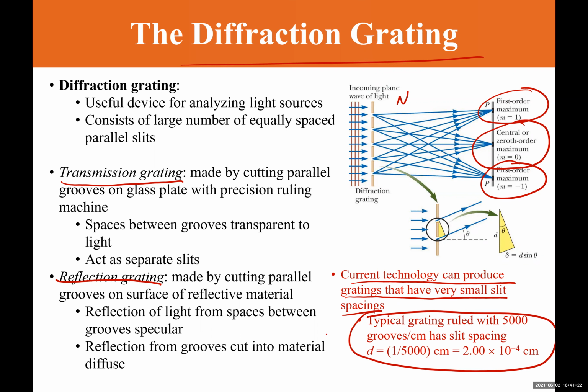For example, a typical grating ruled with 5,000 grooves per centimeter has a slit spacing of, so what you do, you take d, which is the spacing between the slits, to be 1 divided by how many grooves per length you have. So if you're told that you have 5,000 grooves per centimeter, then d equals 1 over 5,000 to get the distance between the slits, which is 2 times 10 to the negative 4 centimeters, or about 0.2 millimeters.